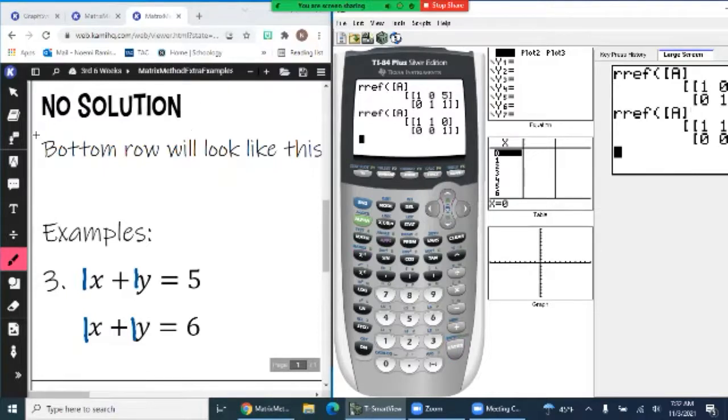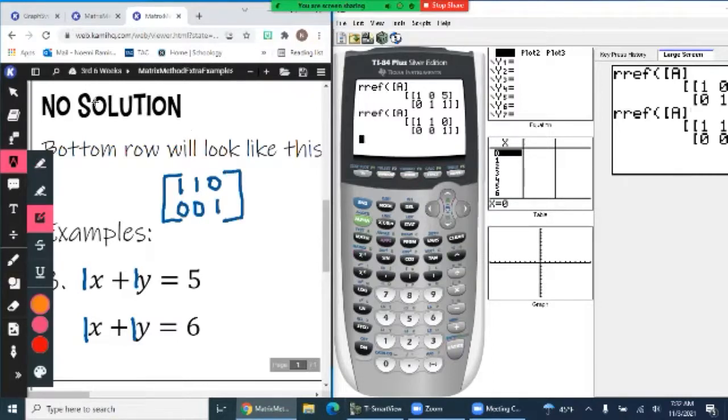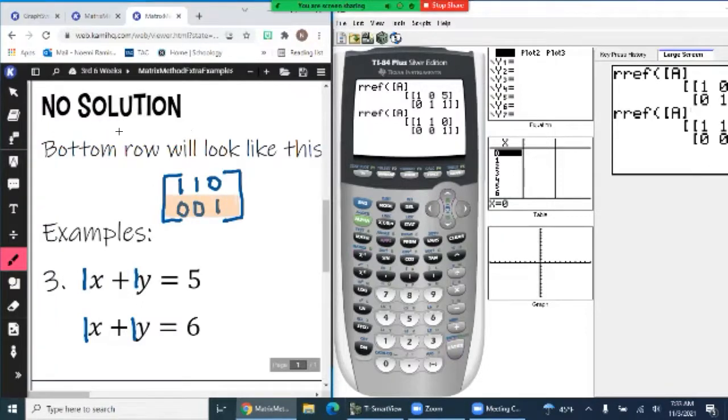And notice how here at the bottom row, you now see 0, 0, 1. When you get this 0, 0, 1 on the bottom row, that represents no solution. So these two are going to be parallel lines. They're not going to cross.